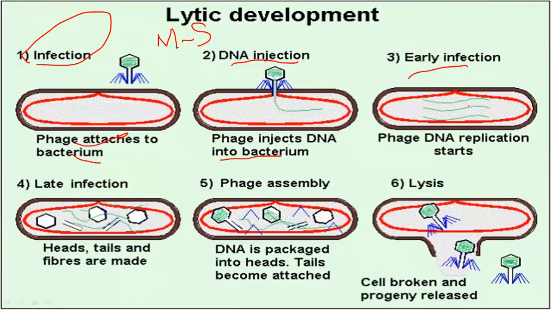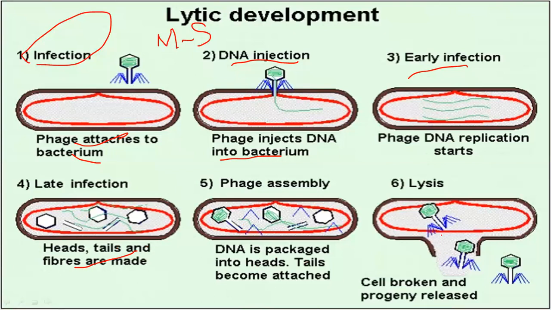Then in early infection, phage DNA replication starts, and in late infection, the heads, tails, and fibers are made with the help of the DNA. Then later on, DNA is packaged into heads, tails, and they become attached.